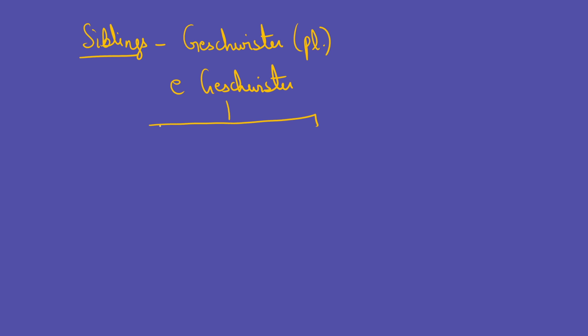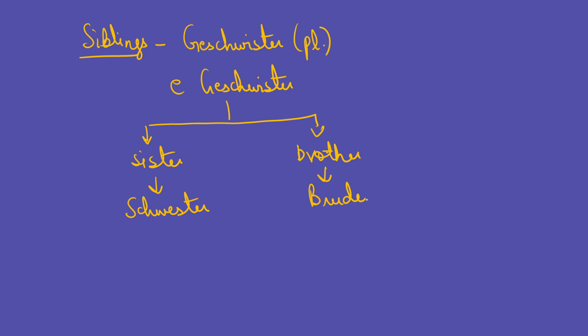So in Geschwister, we have our sister and our brother. Right? So what is the word for sister? It is Schwester. And for brother it is Bruder. Die Schwester and der Bruder.